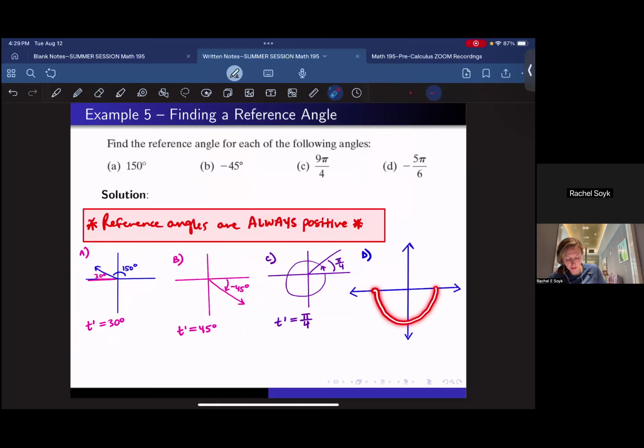Sorry, it's pi over 6 less than 1 pi, so it will stop right over here. And pi over 6 is about 30, which means our reference angle is pi over 6. And we're done.